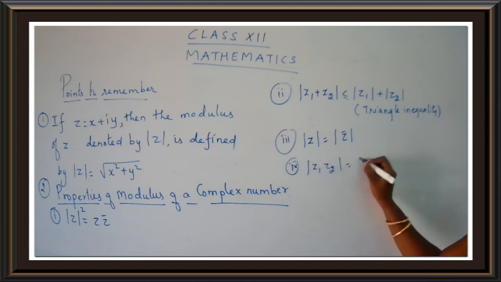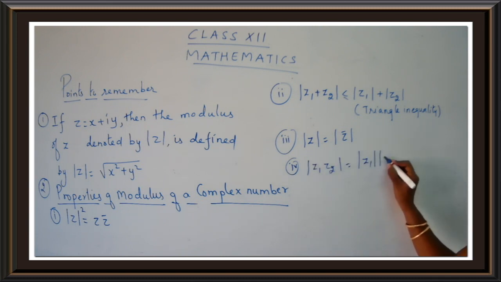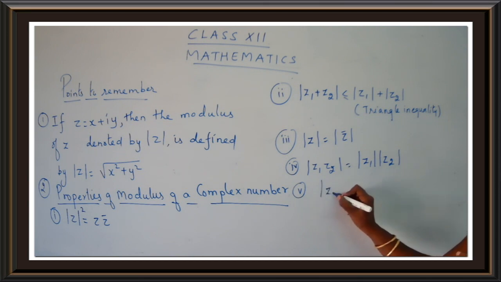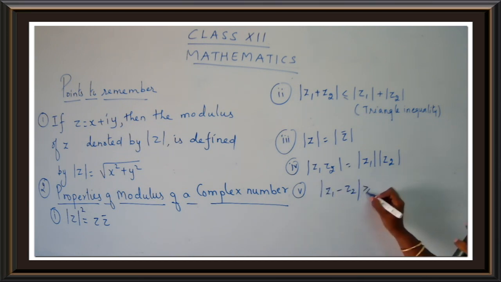I hope you are doing along with me. Take down the points. You have the books in front of you. You can just go on reading your properties and write them down. Next one. Mod of z1 minus z2 is greater than or equal to mod of z1 minus mod of z2.